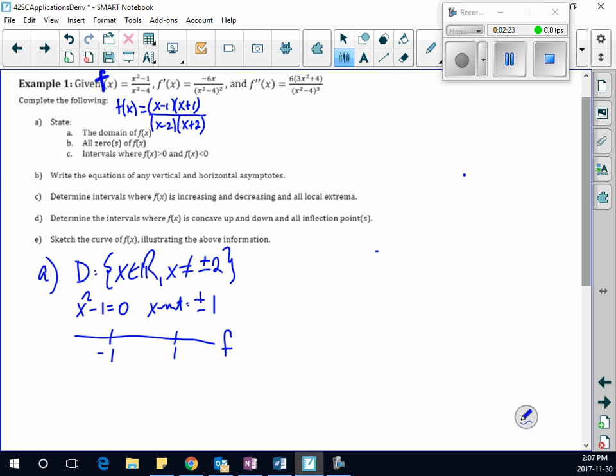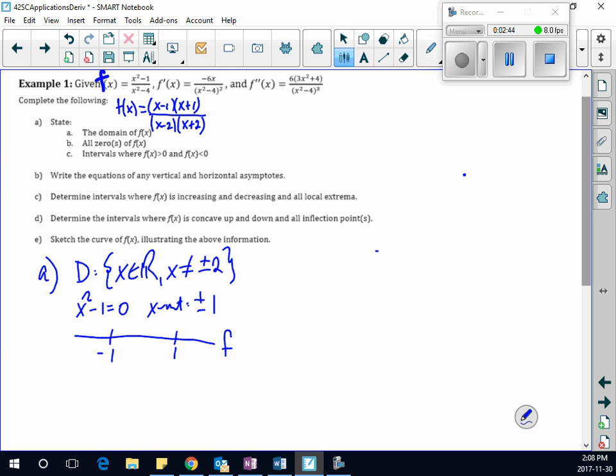If I pick something on the left of -1, what do I get? On top I get negative, so that's positive.